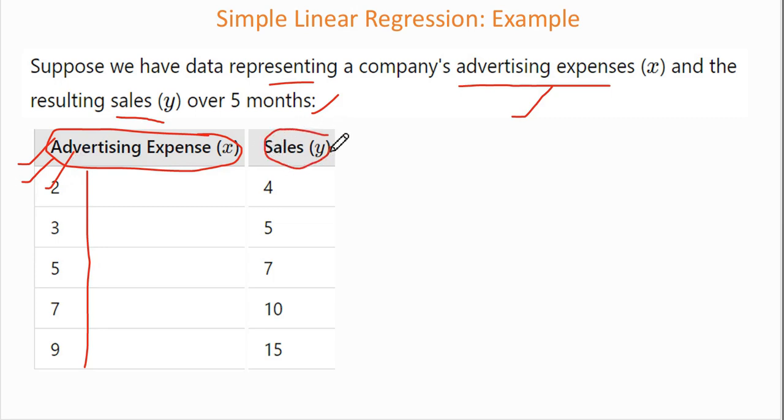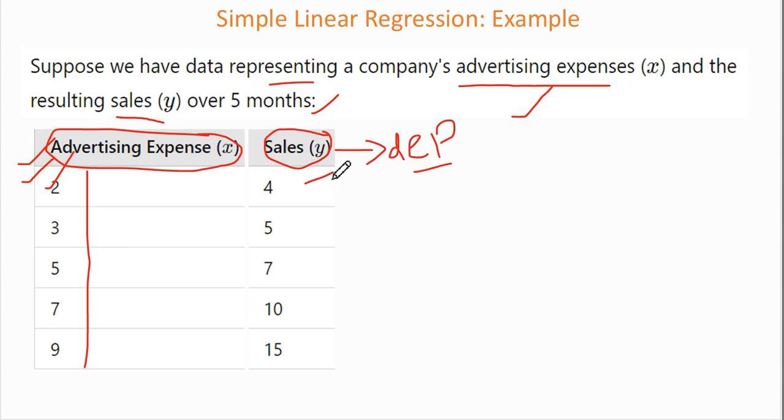The number of sales depends upon the advertising expenses. That's why sales is called a dependent feature, or dependent variable, or also a target variable or output variable.